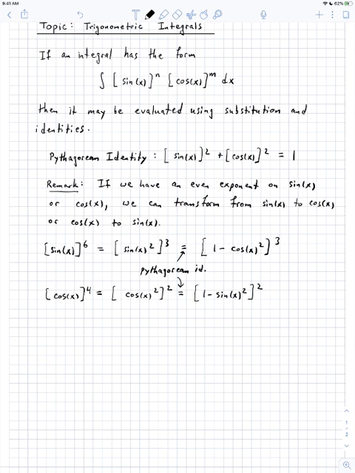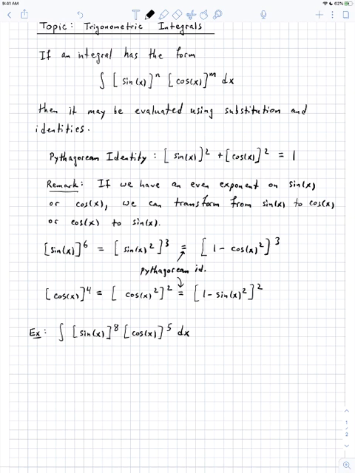Why would any of this be helpful? Well, it'll make more sense if we just look at an example. So let's start with, say, this example. The integral of sine x to, let's just say, the 8th times cosine of x to the 5th dx, for example.